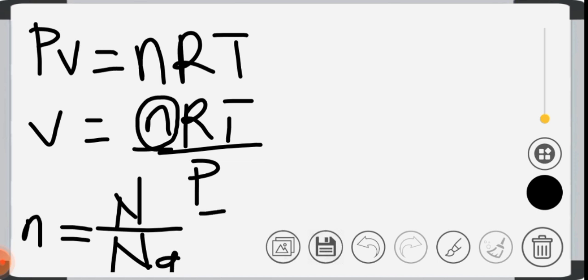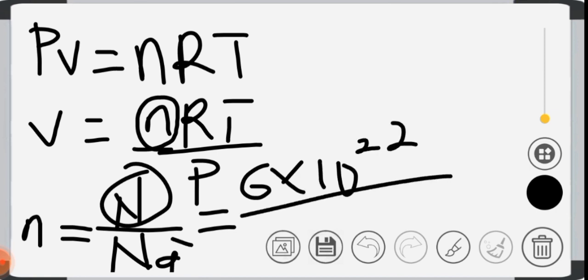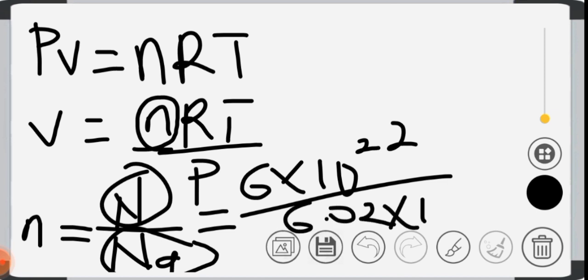So from here, we know that the number of particles was 6 times 10 raised to the power 22. And we know that Avogadro's number is a constant, which is 6.02 times 10 raised to the power 23. We call it Avogadro's constant.